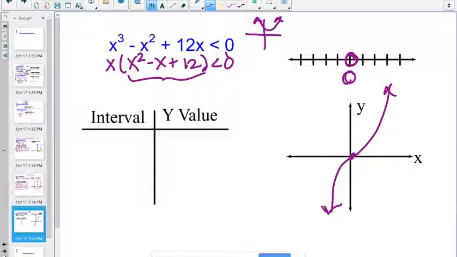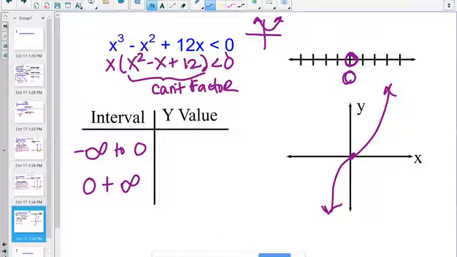Okay, so I'm going to put my open circle at 0, because this can't be factored, so there's no more real critical points. Which makes it slightly easier because then I'm going to go from -infinity to 0 and 0 to infinity. And those are my only intervals. And if I plug in a negative number, let's pick -10, I get a negative number, and then I'm going to get a positive number because I'm going to get 100 minus 10 plus 12, so a positive number.